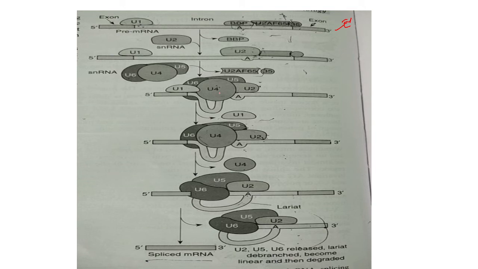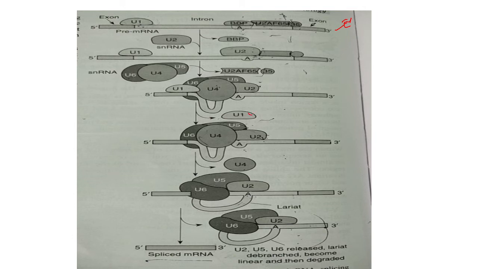This is known as the pre-catalytic spliceosome. The U5 snRNP will bind to the 5 prime splice site, and U6 and U2. So this will form a complex known as the pre-catalytic complex. As soon as all of them come and bind here, the U1 will be released.